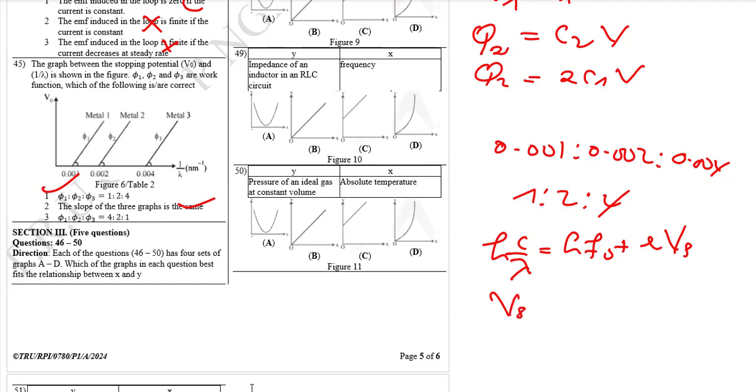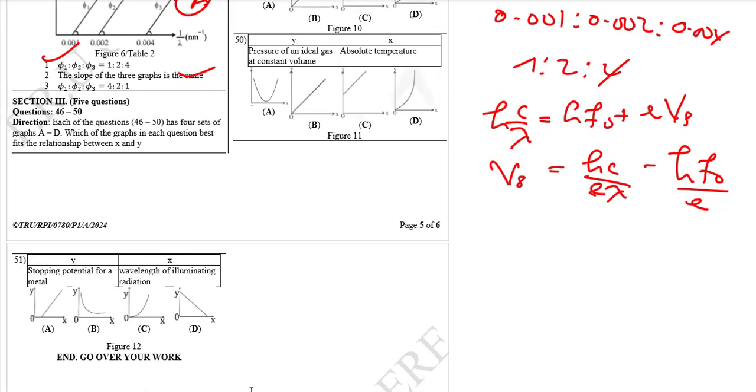So the stopping potential will be equal to hc on lambda minus hf0, all of this on e. Now you see that the gradient for all the graphs will be the same, which is hc divided by e. So the slope of all the graphs will be the same. So 1 and 2 are correct. Correct option E.